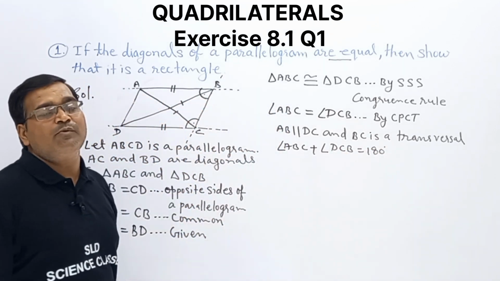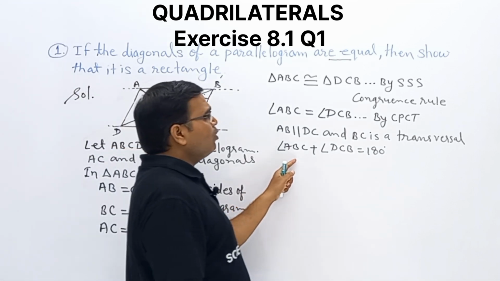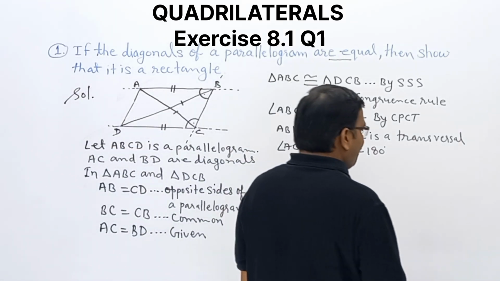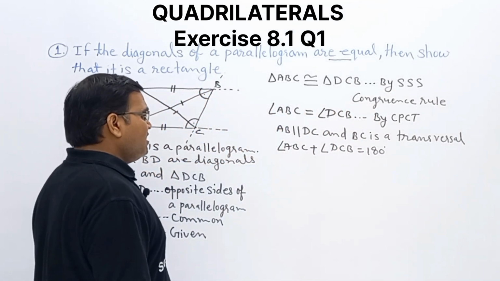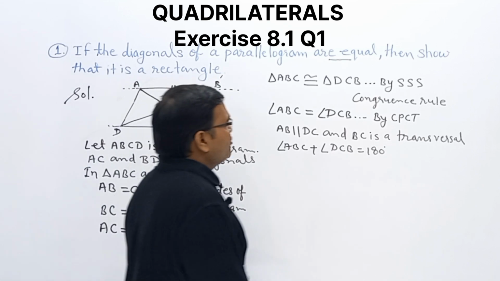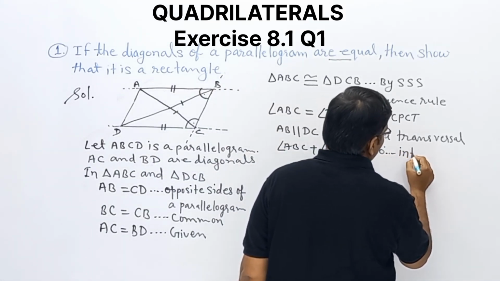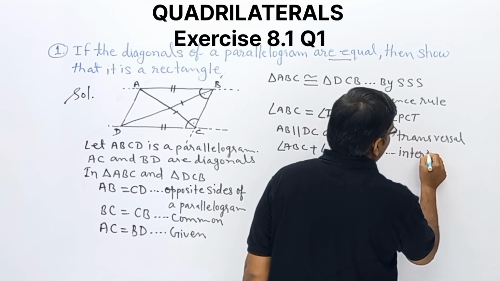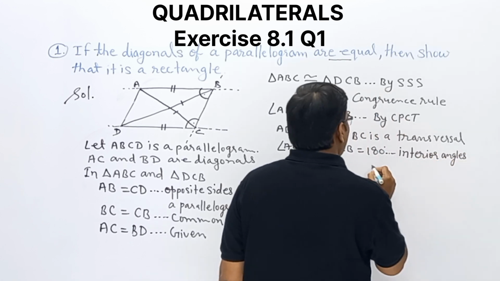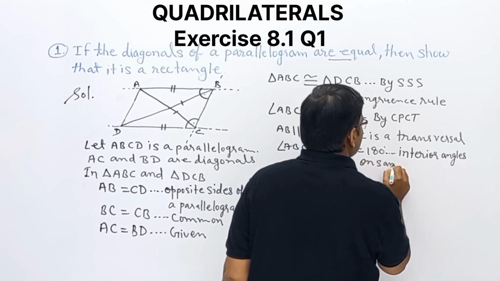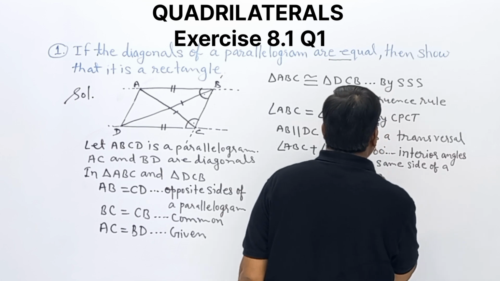And why is this one there? These two angles' sum will be 180 degree because interior angles, what are they? Interior angles on the same side of a transversal. So we can say these are interior angles on the same side of a transversal.